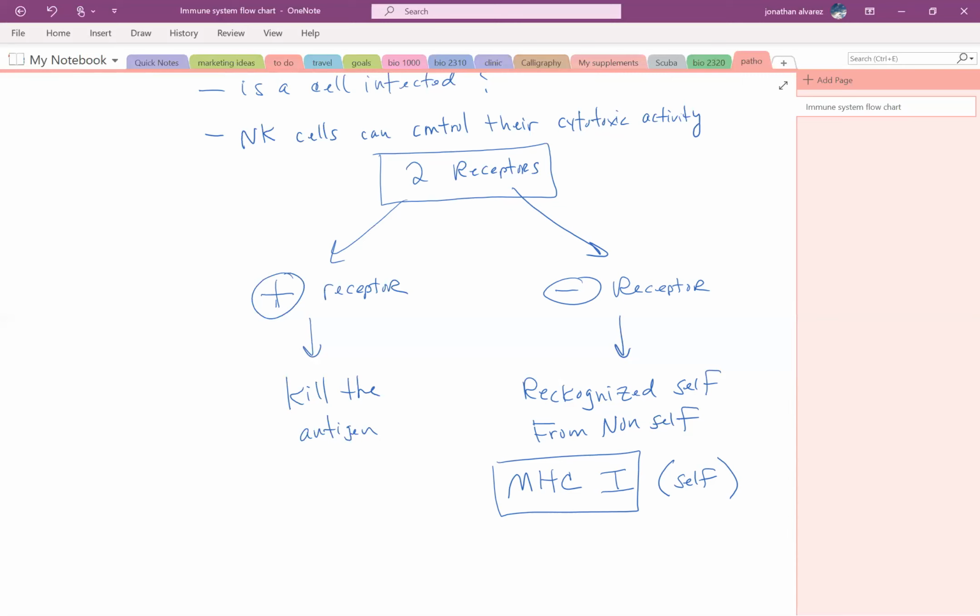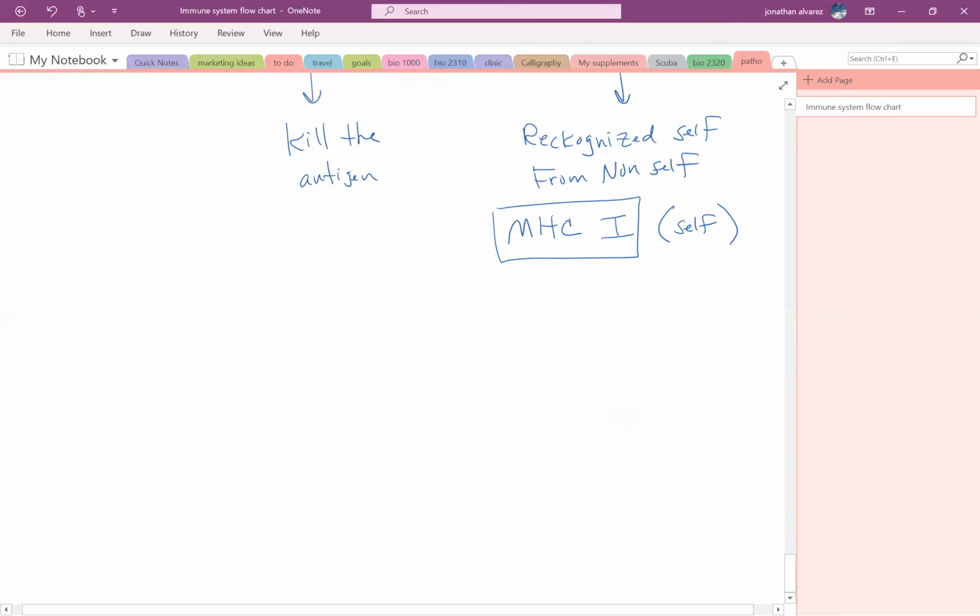Okay. So let's draw a picture of how this works. Okay, there's tissue. So we'll say self. And here is tissue or cells or whatever that is non-self.